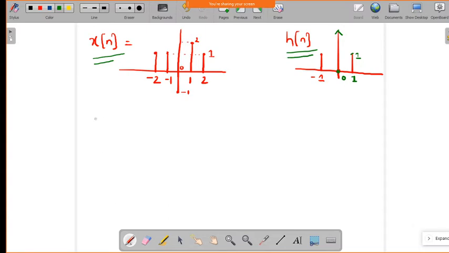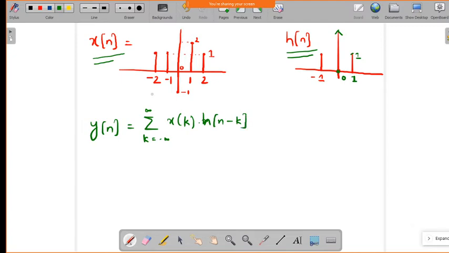So, the convolution equation is equal to the summation from k equals minus infinity to plus infinity of x of k into h of n minus k. Okay. Now k is varying from where to where?